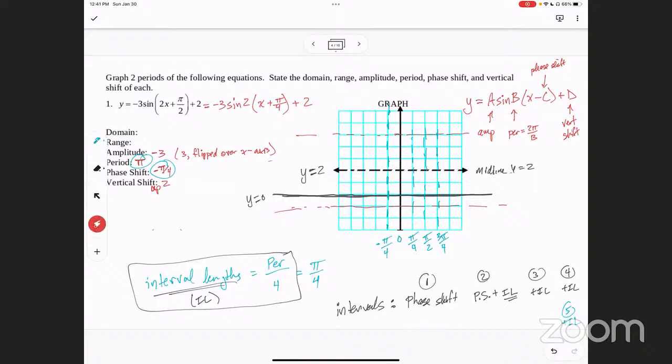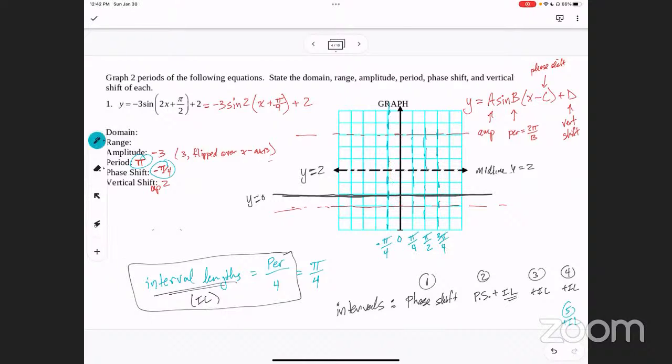Got it? So normally it starts in the middle. Here's my midline. Starts in the midline if it's a sine function, and it goes up, down, up. But because it's negative, I'm not going to start going up. I'm going to start by going down.